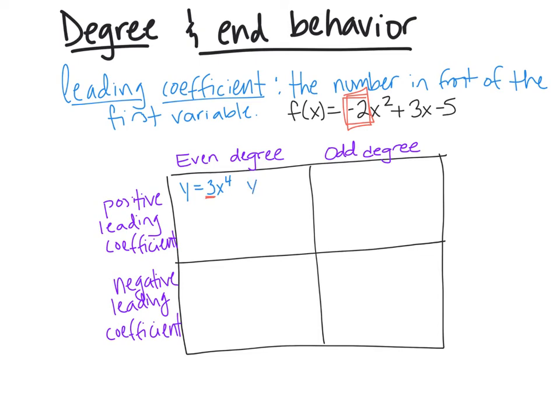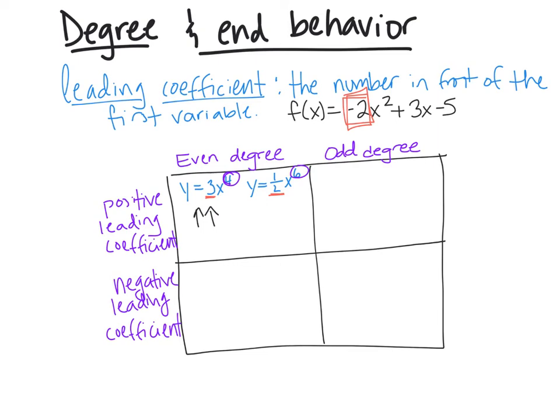Another example of this could be y equals 1/2 x to the 6th. So degree is even, 4 here, 6 here. And the leading coefficient, 3 there, 1/2 here. Those are both positive. When you have this situation, your end behavior is going to look like a touchdown.